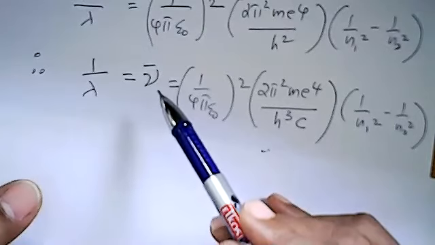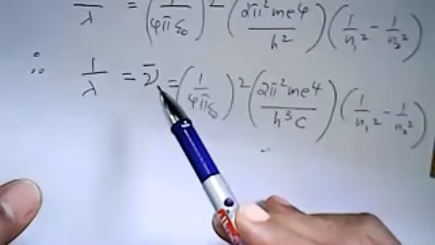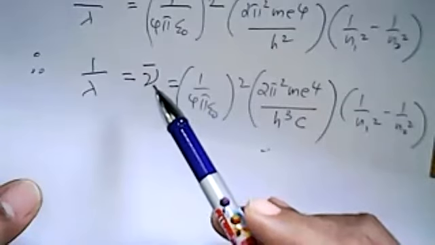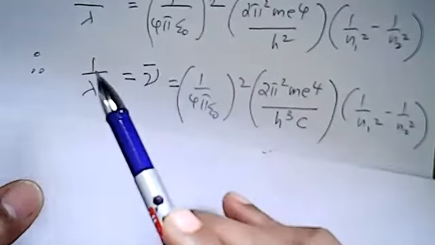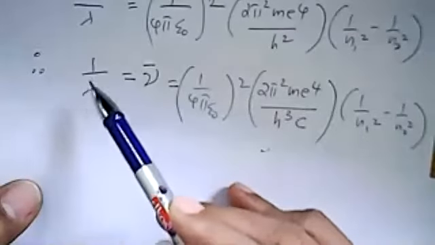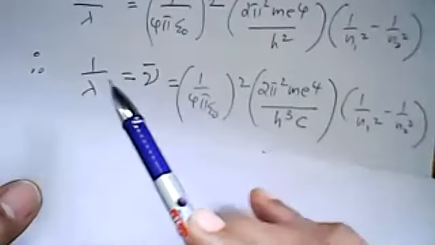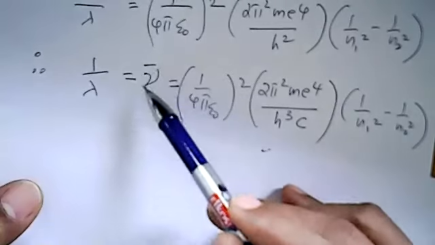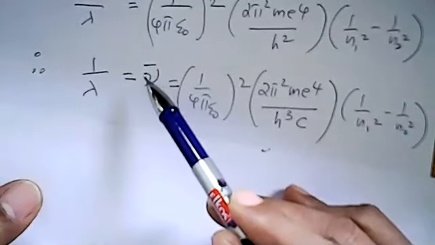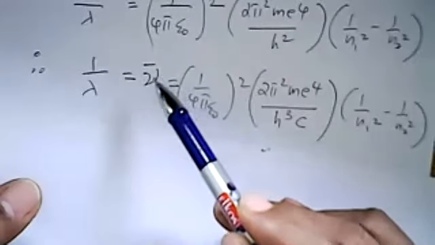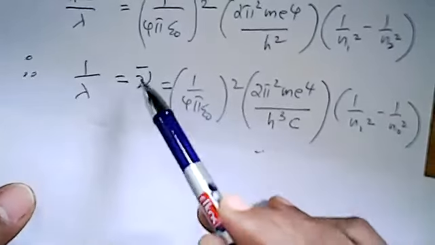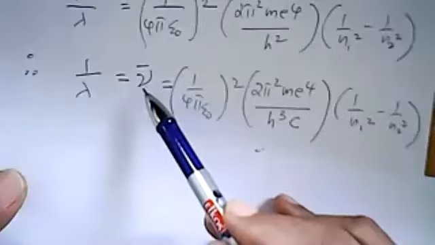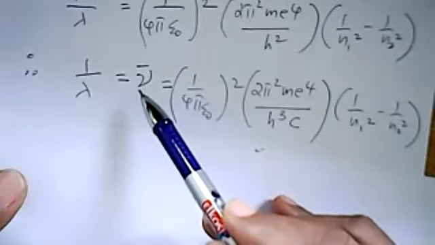You must have studied lambda, nu, frequency and wavelength. Now learn this one, 1 by lambda. This is a very important quantity. In spectroscopy, we usually use this term nu bar, the wave number.